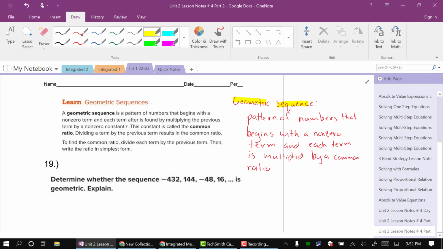And now we want to define a common ratio. Dividing a term by the previous term results in a common ratio.